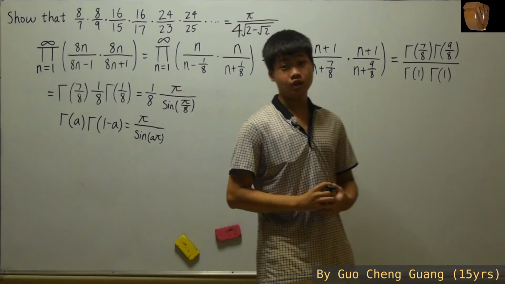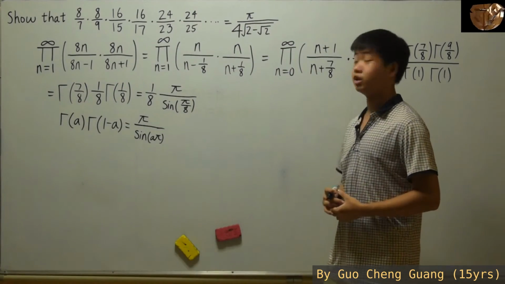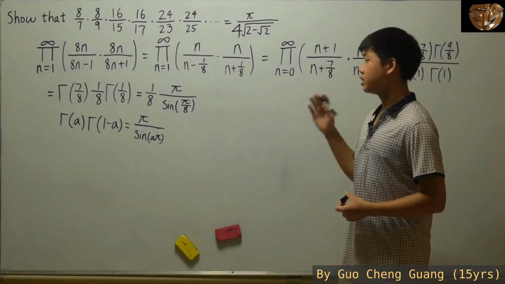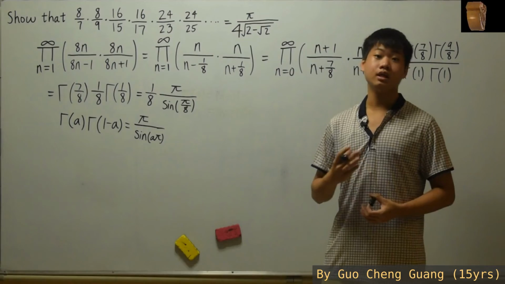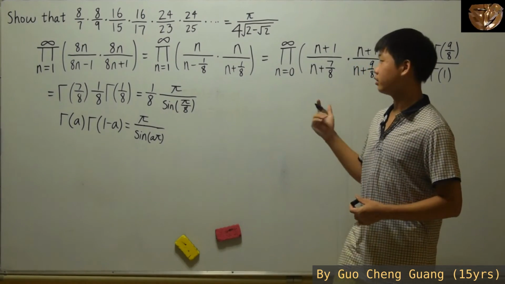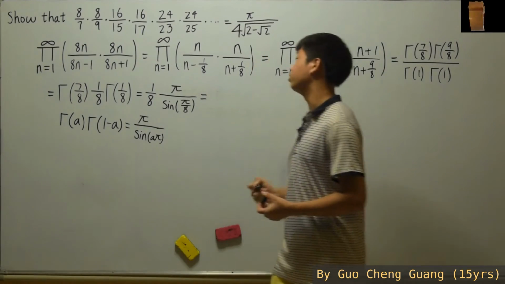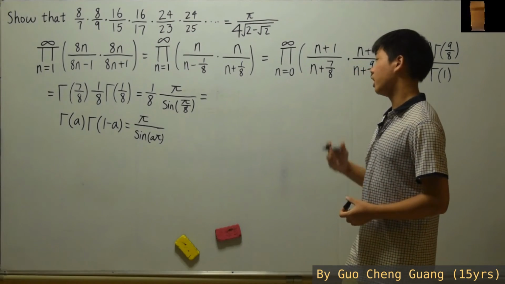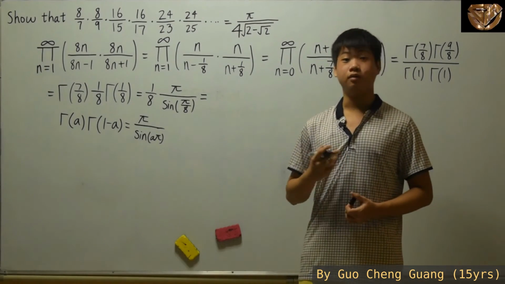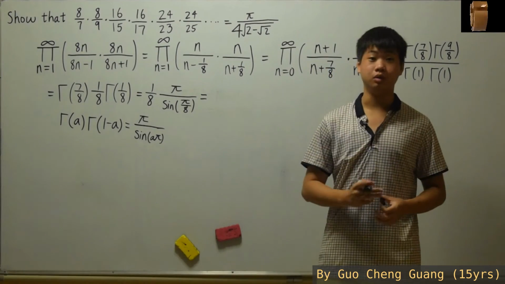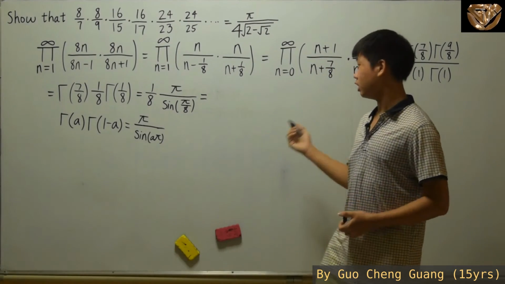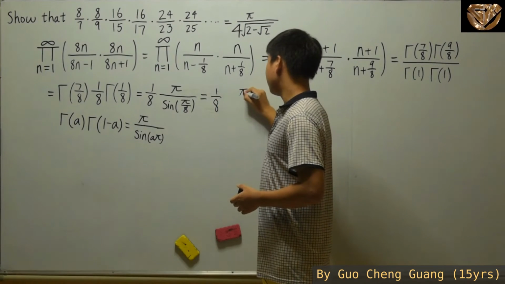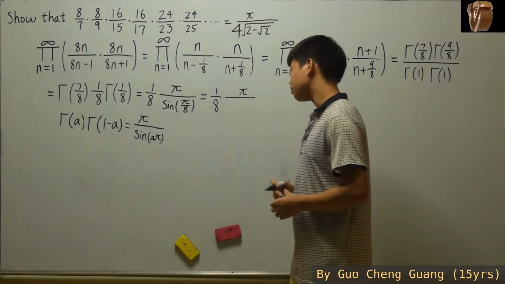Right, so now that we have changed it into a trigonometric form, how are we going to continue? Since sine pi over 8, we technically do not know immediately what kind of value it is. So in this case, you have to continue with a half angle formula or double angle formula, depends on which approach you take. So 1 over 8, and then you have pi over.